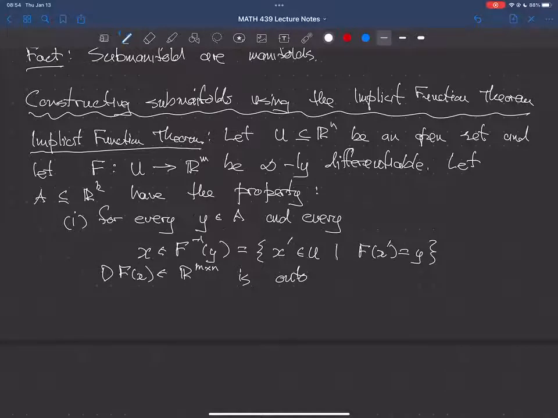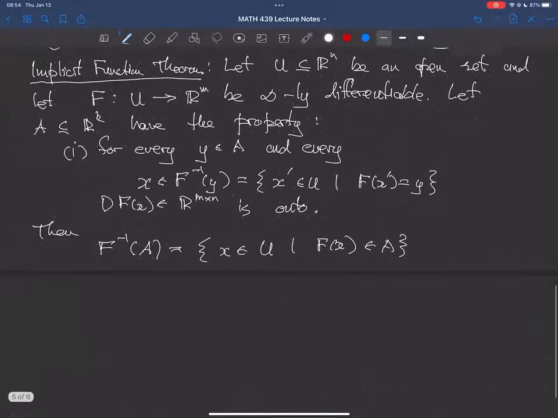Okay, so if that's true, then F inverse of A, the preimage of A, which is by definition the set of X's in U so that F of X is in A, is a submanifold of U. We'll see how to use this theorem in a second.